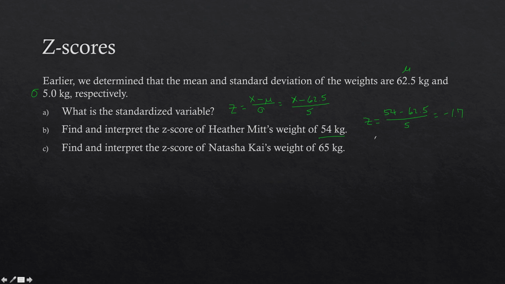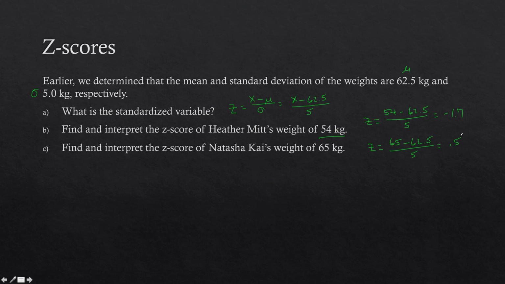All right, let's look at Natasha Kai's. Go ahead and plug in 65. Same formula, remember? Punch that out, you get 0.5. That tells us that her weight is half a standard deviation above the mean. Hopefully that helps you understand how we're using this z-score and standardizing it so we can compare two different things.